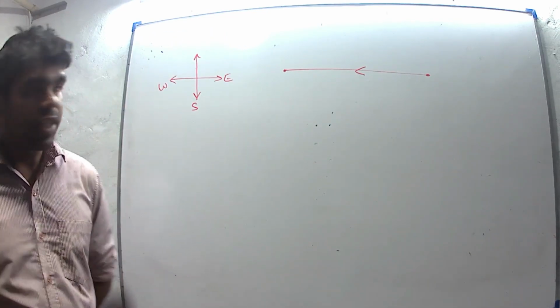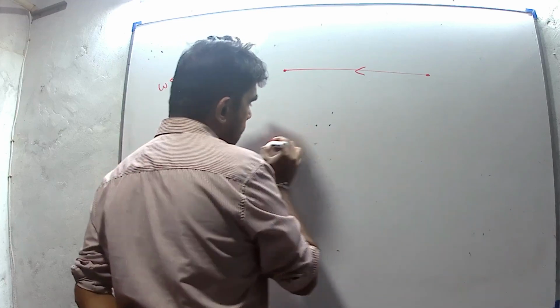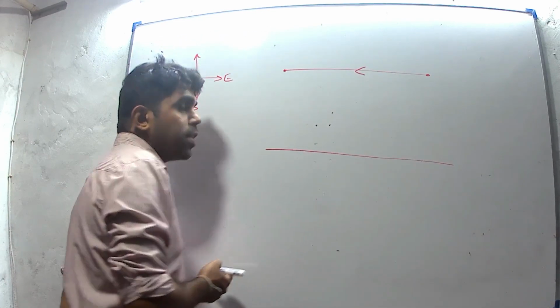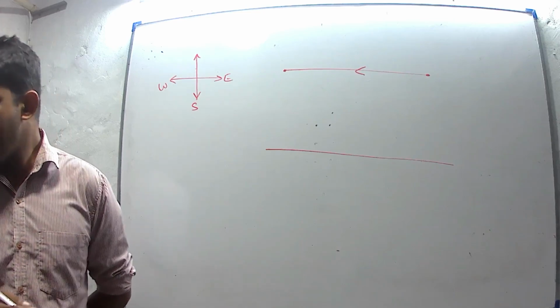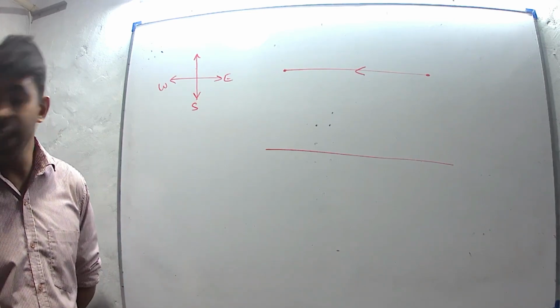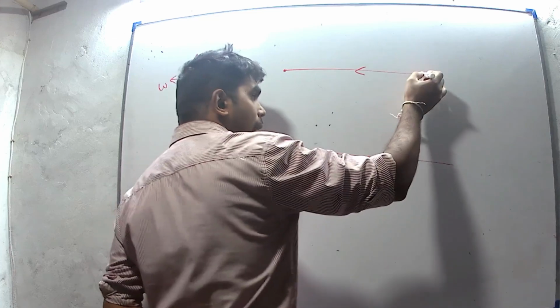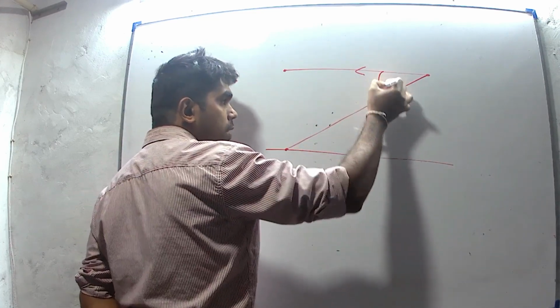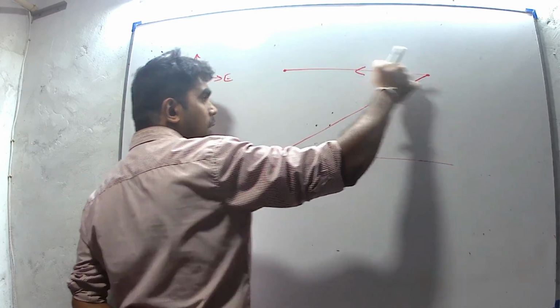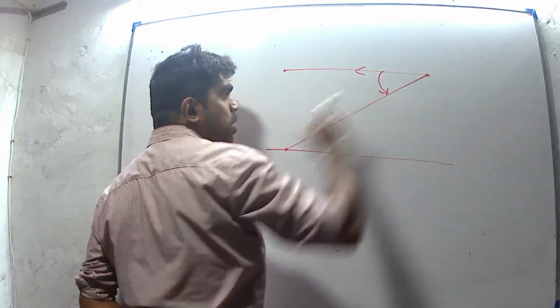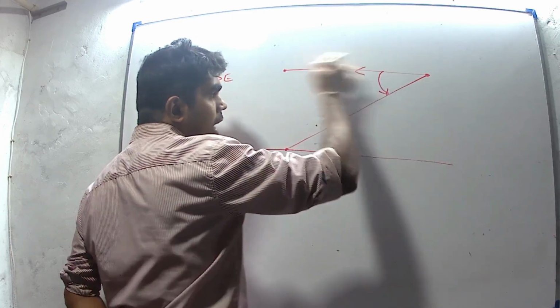For the first situation, this is the sea level. Boat X was observed with an angle of depression 30 degrees. This is the fighter jet at this place in the first situation, and this is the eye level.